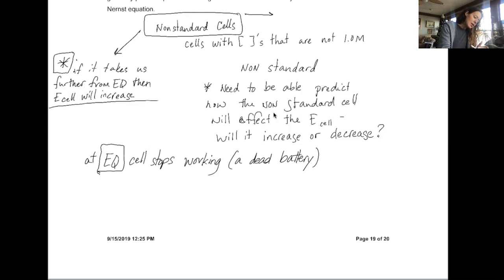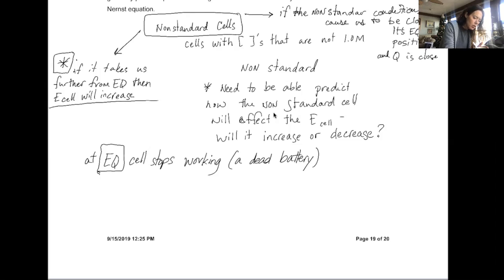If the non-standard conditions cause the system to be closer to its equilibrium position, and Q is closer to K, then E cell will decrease, so that the E cell not standard is less than the E cell standard.